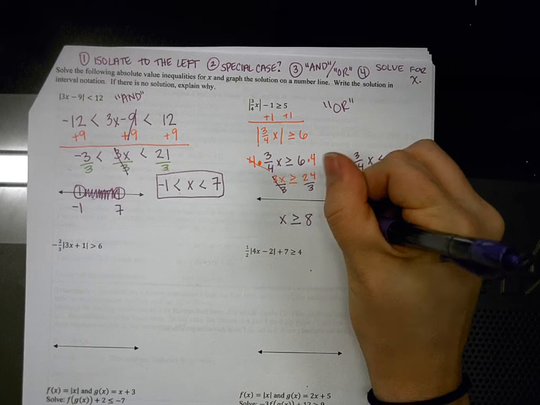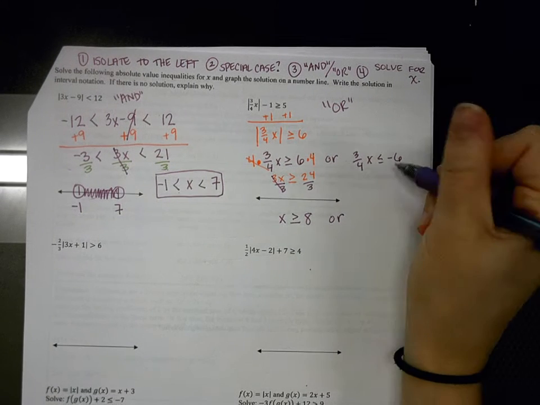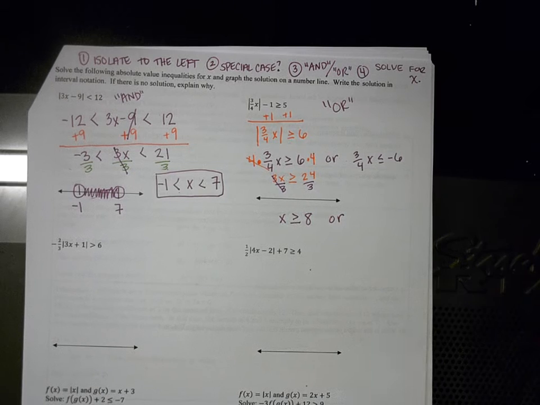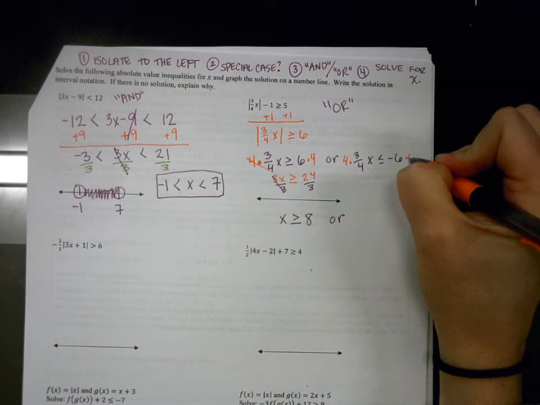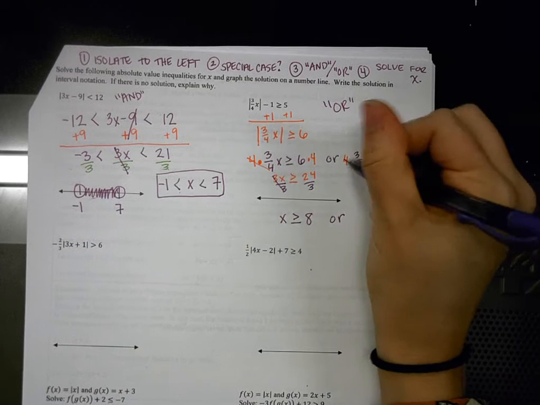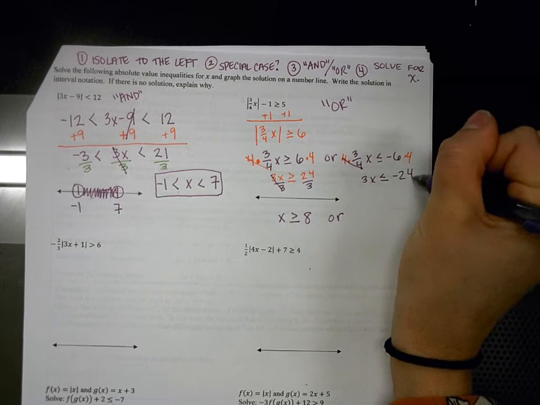Or I should have another answer. What do I do to solve over here? Multiply by 4. Multiply by 4, and I get 3x is less than or equal to negative 24.